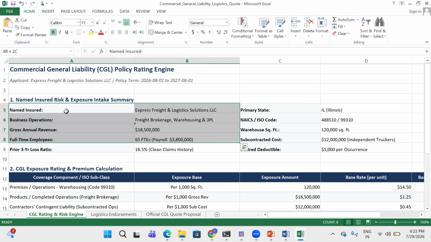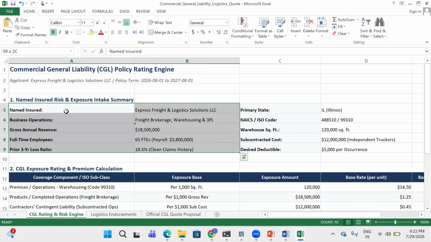Because this is commercial general liability, any kind of risk that is associated will be covered. That's the reason we must know the gross annual turnover, including full-time employees. Next, the 3-year average loss ratio percentage has been taken, which is 18.5, as an example.